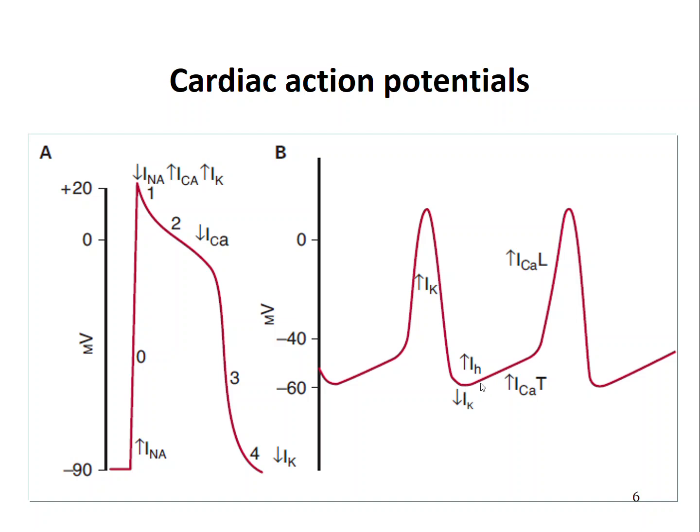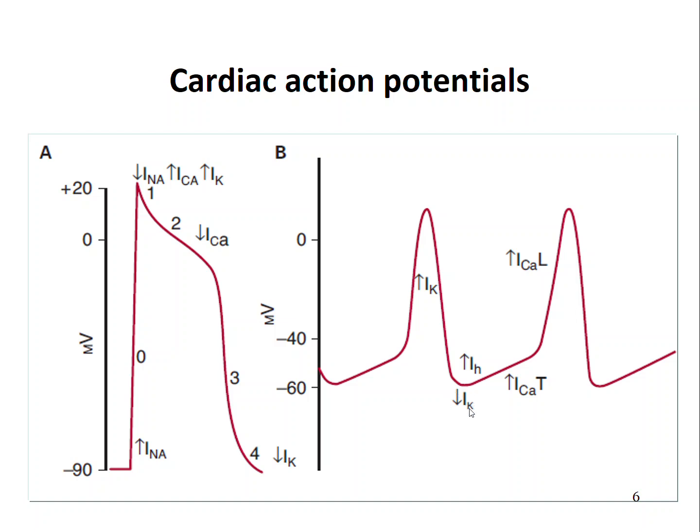Again, we have a slow depolarization in the resting phase, which is different from what we already know. So what is the ionic mechanism of this depolarization in the resting phase? Here, compared to the fast action potential cells, we have lower permeability to potassium.